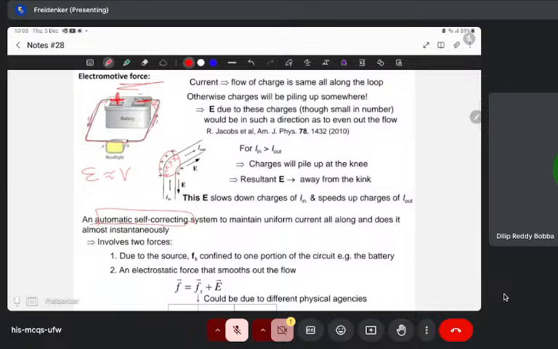What would this do? This will start slowing down the incoming charge because positive will repel. Whatever is coming in will slow down. On the other hand, whatever is going out will also get repelled because positive charges repel each other, so it will go out faster.